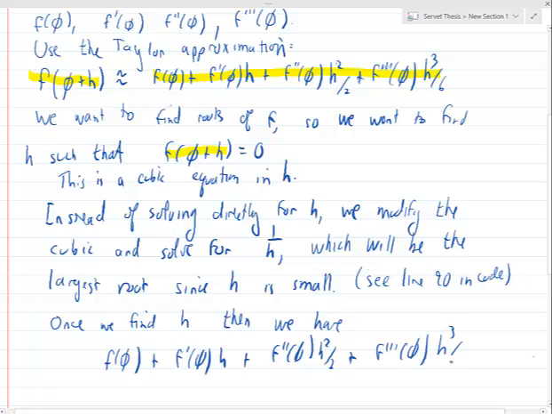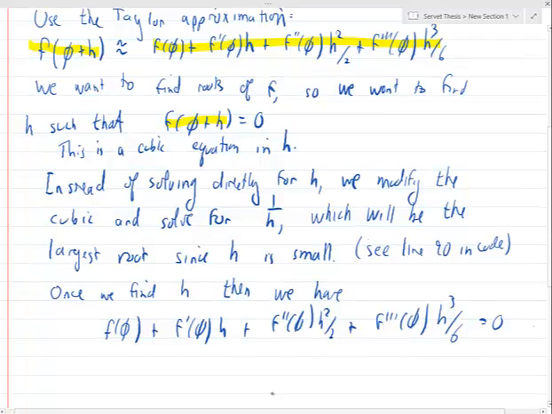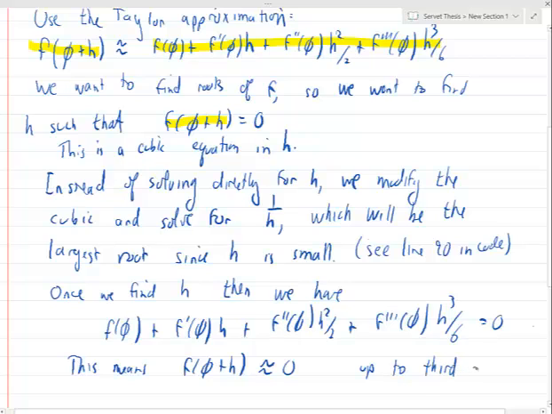And so this means that f of theta plus h is approximately equal to 0, or we can say up to third order. If you only take the first 4 terms of the Taylor series, then it agrees, and I have a root. But of course, this function has more terms. Okay, so h is not actually a root of f, but it should be close to a root.